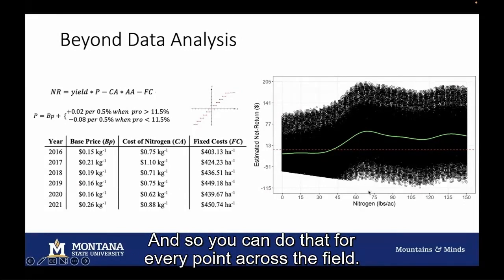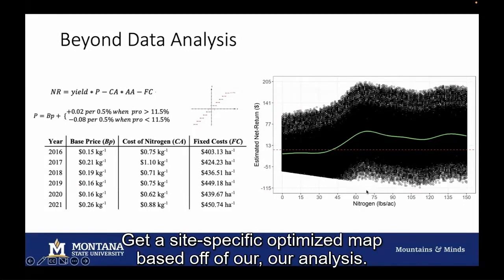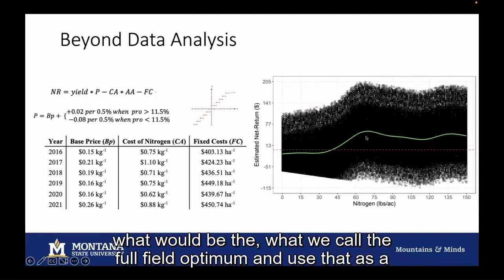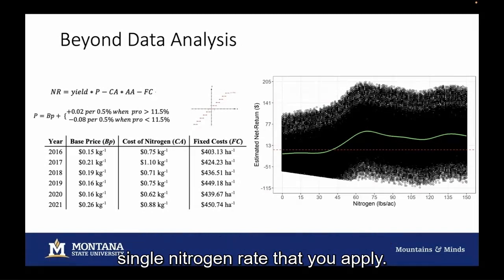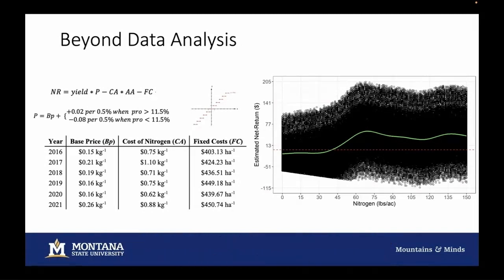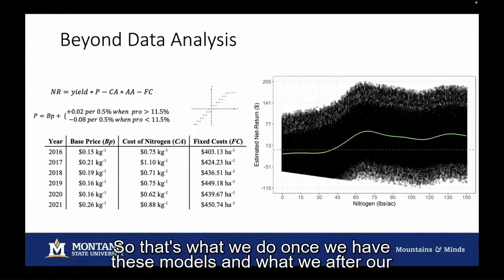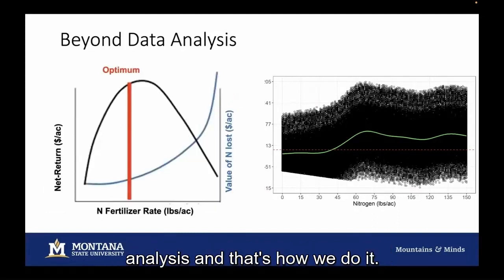And so you can do that for every point across the field, get a site-specific optimized map based off of our analysis, or you could make an average across the field and then use what we call the full field optimum, and use that as a single nitrogen rate that you apply, which is your profit maximizing rate. So that's what we do once we have these models and after our analysis.